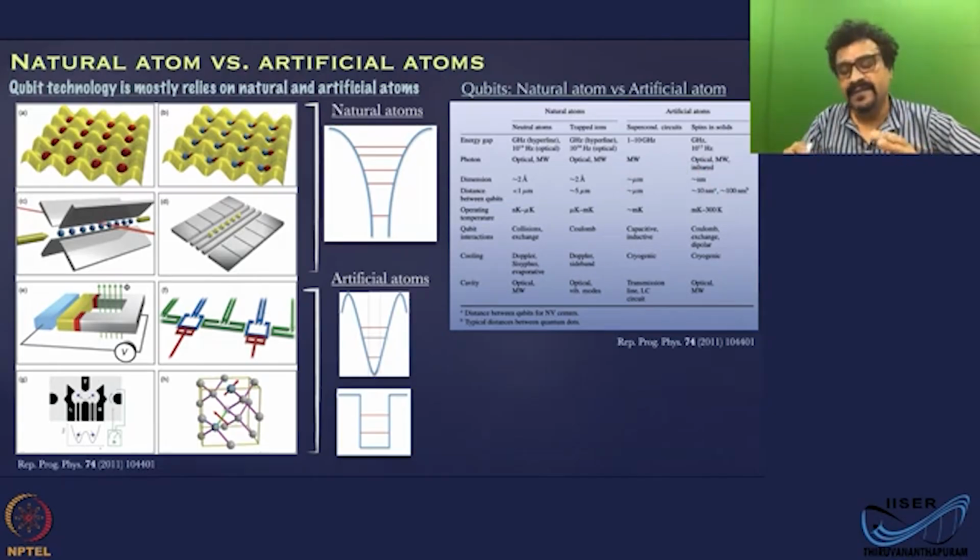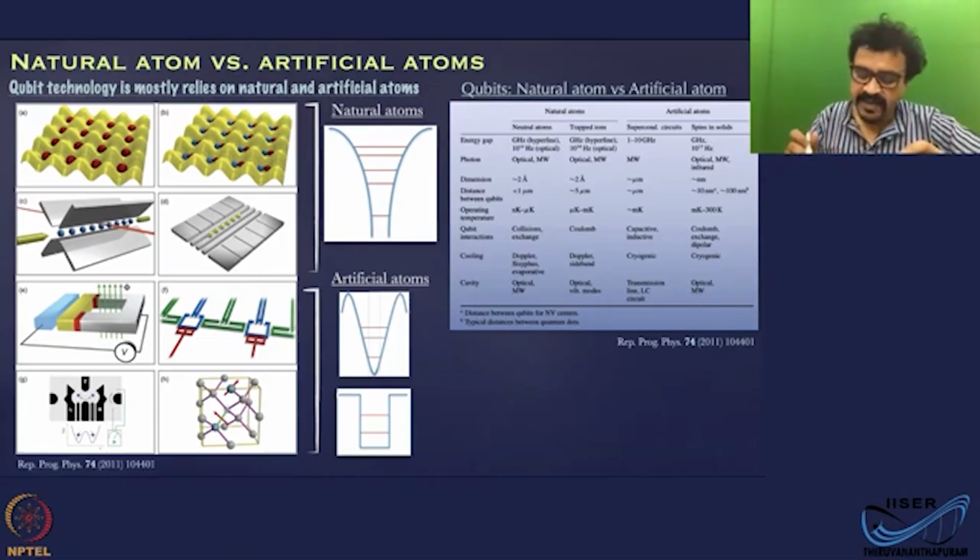The interqubit distances can get really large for the trapped ions, whereas for the superconducting and trapped ion based ones, these are micrometers. Whereas for the optical lattice and also for the spin based ones, those are hundreds of nanometers to tens of nanometers.